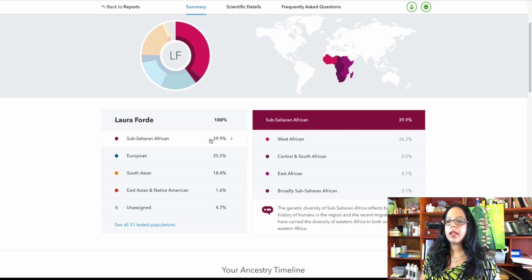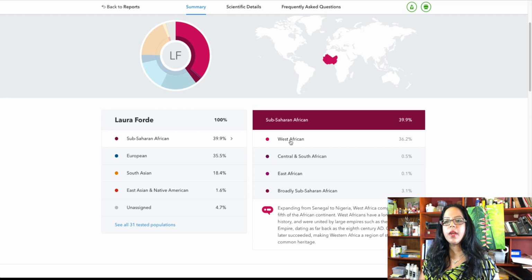So here you can see that I'm 39.9% sub-Saharan African, and this here shows you the colors that represents that. So clicking on West African, you can see that I am 36.2%, and then it shows you that part of West Africa on the map here.